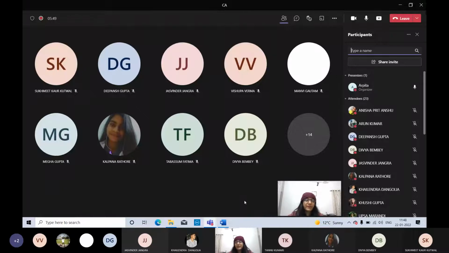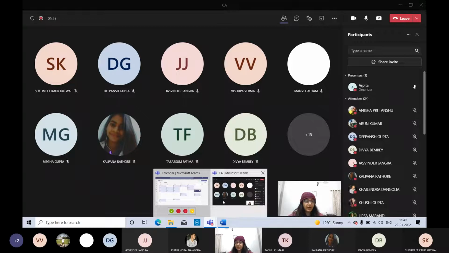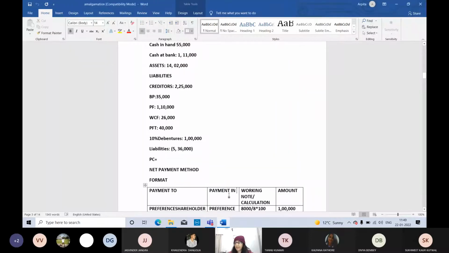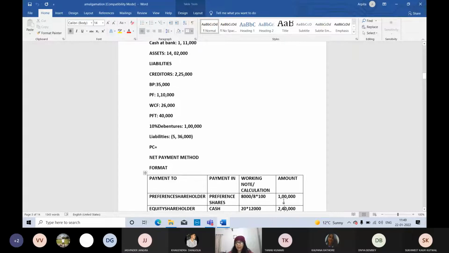Equity shares in the purchasing company? Or certain cash? However you're going to make the payment, you write it in the second column, that is payment in. Then you do the working, also known as working note or calculation, where we do the entire calculation. And finally, you will get the amount.